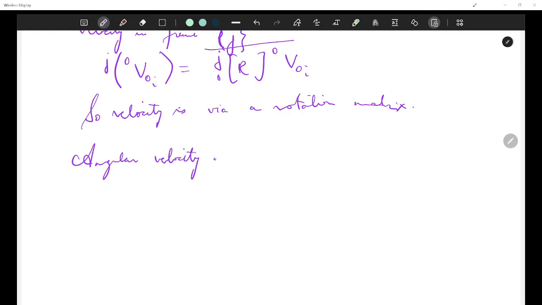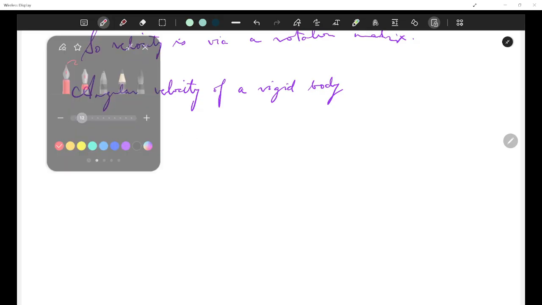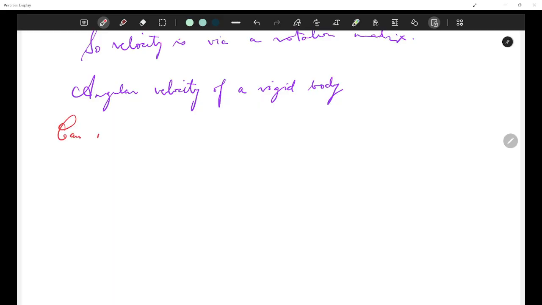Now let's talk about the angular velocity of a rigid body. A very important question that we have here is, can we differentiate Euler angles directly to get angular velocity?